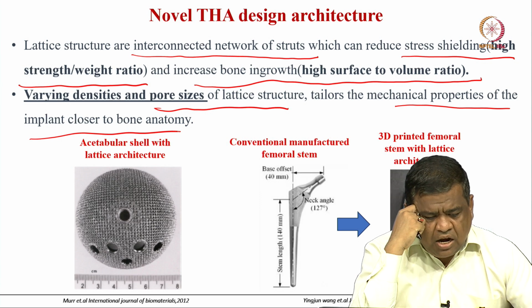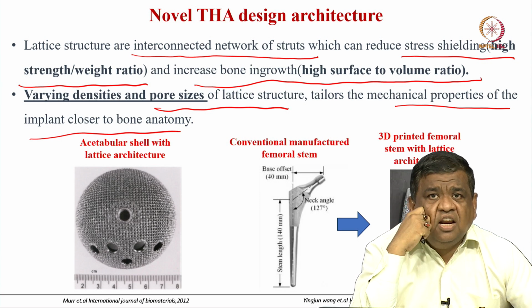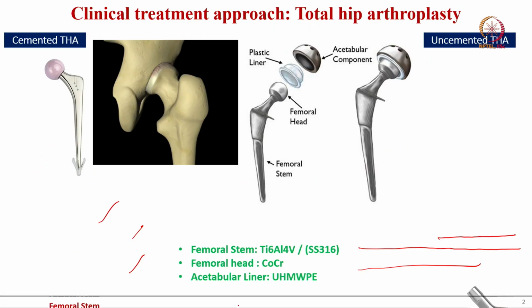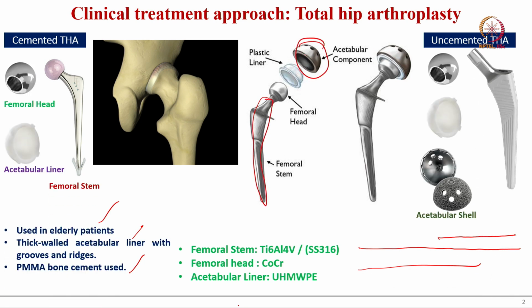anatomy. Now, you can look at this lattice structure. The left figure is the acetabular shell with lattice architecture, and this is a conventional manufacture of the femoral stem. You can also give lattice structure on the femoral stem. So, there are two places where you can give lattice structure, one is this femoral stem and one is this acetabular shell. Okay. This has been mentioned.